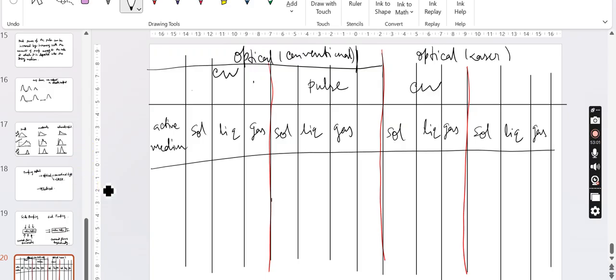Is it stable? So when you are using the conventional optical pumping method for CW laser, when the active medium is solid and liquid, the stability is stable. But for gas, it is not stable.